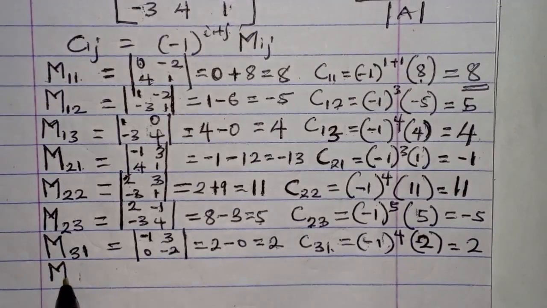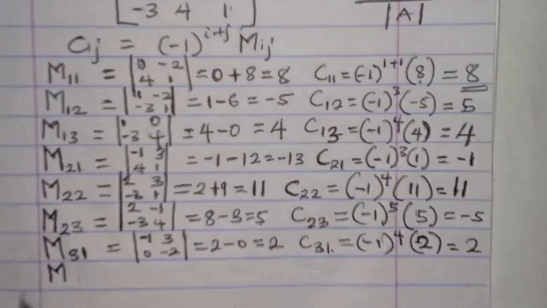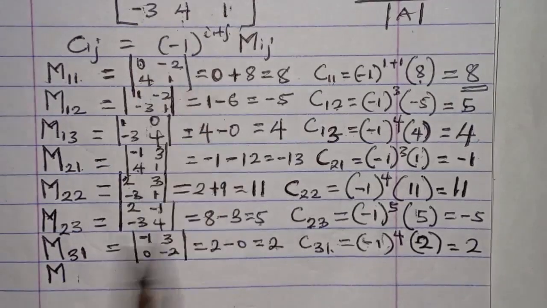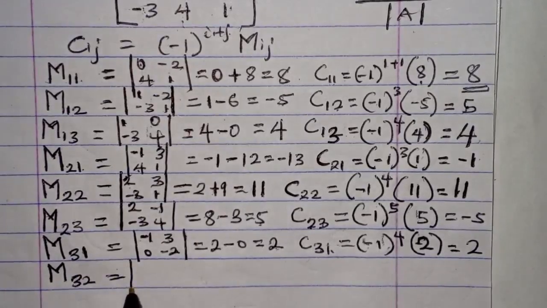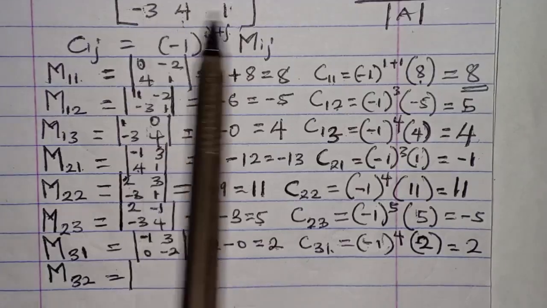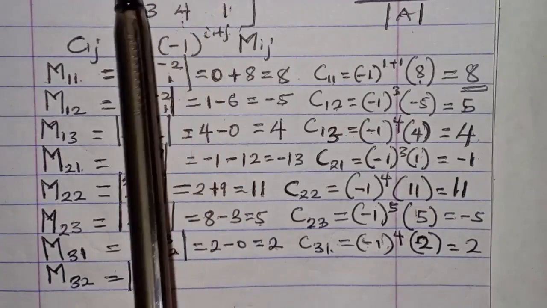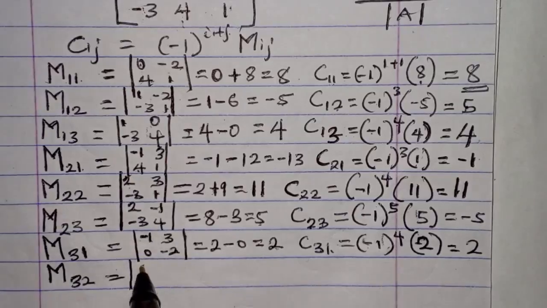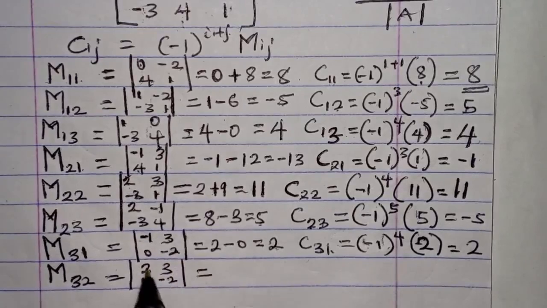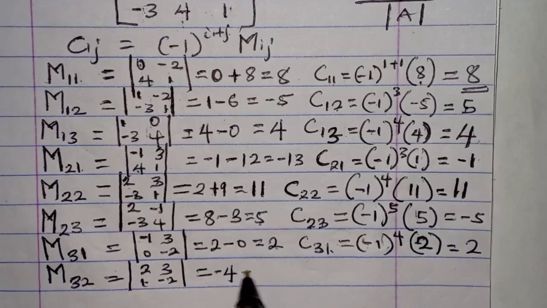Now, look at the minor of this element 4. The minor of this element 4, that's M32, is the determinant of the matrix. If I close up this row and the second column, I'm having 2, 3, 1, minus 2. 2 times minus 2 is minus 4, 1 times 3 is 3.